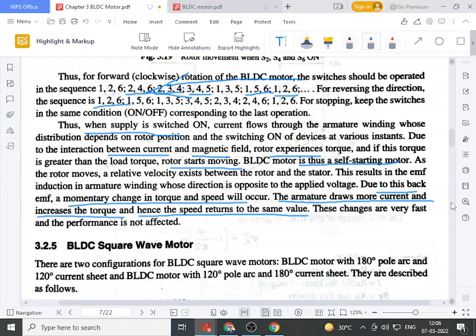Therefore, if load torque increases, that results in an increase in armature current. So if load torque increases, armature current will increase. The armature current increasing means the armature draws more current, and that will increase the torque, and due to this increment in torque, speed will again return to the same value.